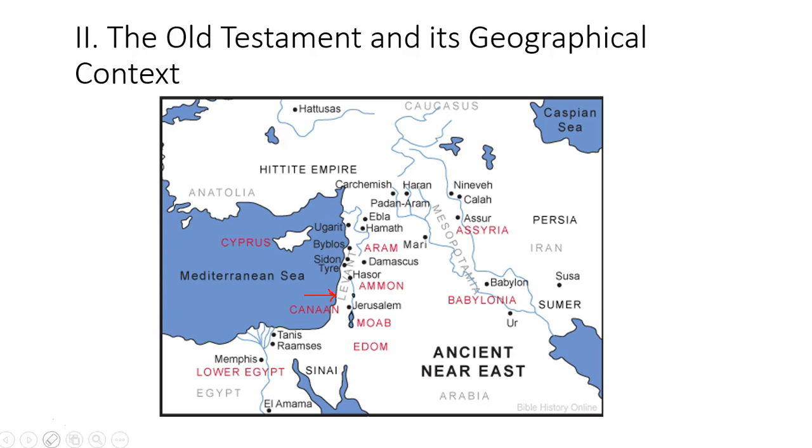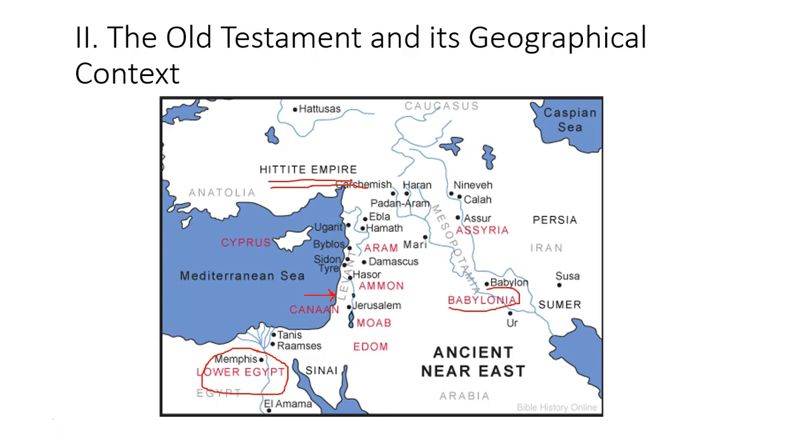For example, other nations that are going to surround Israel are going to have a great influence on its history and present many challenges for God's people. Over here, of course, is going to be Egypt. Then the Hittite Empire is up here. This is where Turkey is located today.